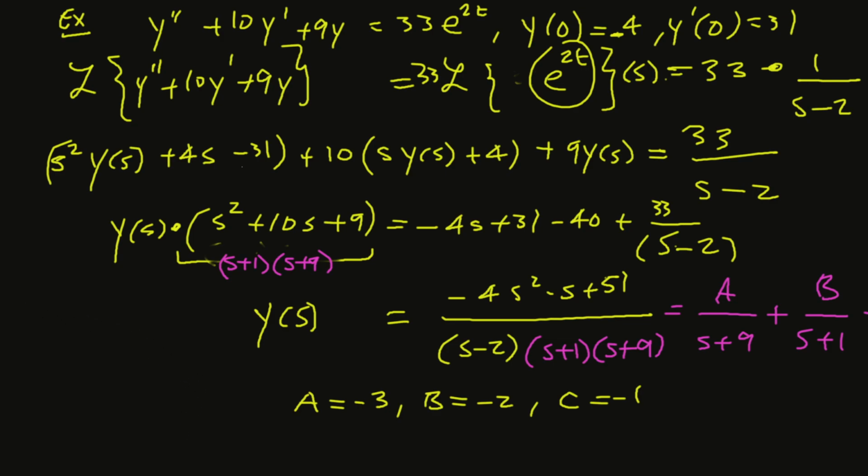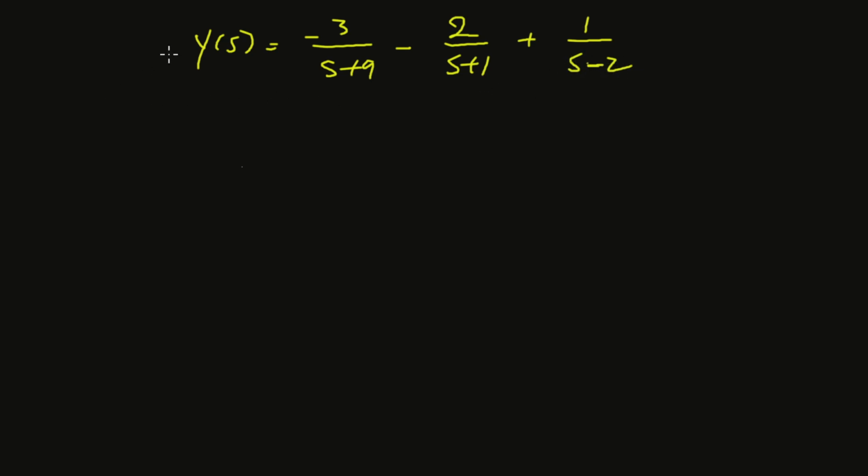Alright, so that makes y of s to be negative 3 over s plus 9 minus negative 2 over s plus 1 plus 1 over s minus 2, and use the inverse Laplace transform.